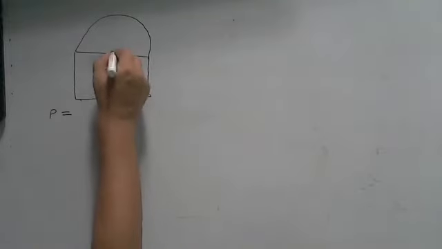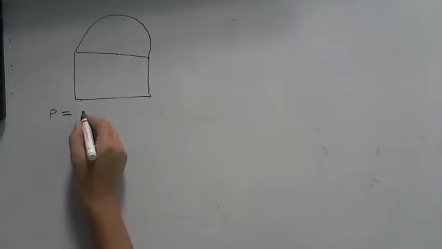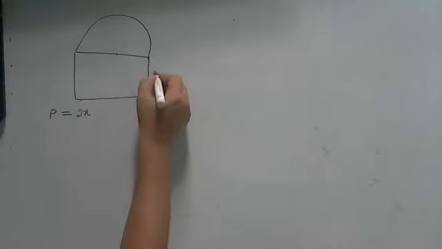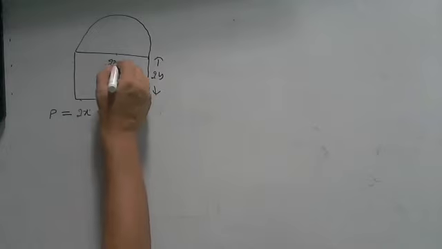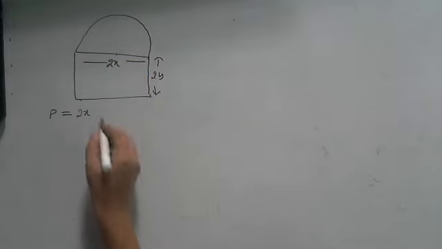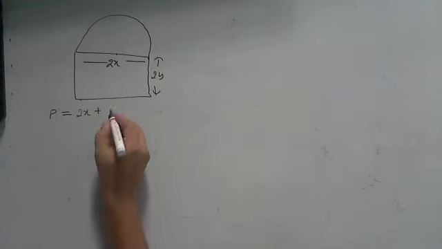Now, first of all, let us take its base as 2x, because in future we need to take its radius. So it is 2x. Similarly, if we take this as 2y, then these two sides give us 2y plus 2y, 4y.